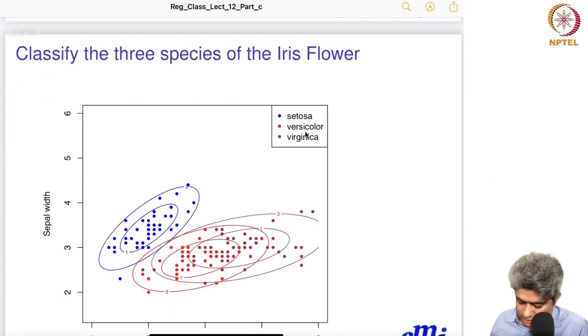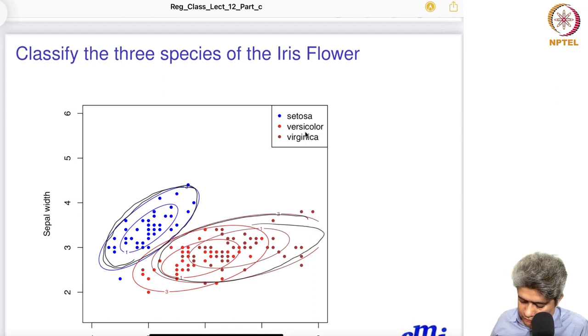Now you can imagine, given the species, I can think of these points. The blue points, which are setosa, have their own probability distribution. The brown points, which are virginica, have their own probability distribution, and the red points, which are versicolor, have their own distribution.